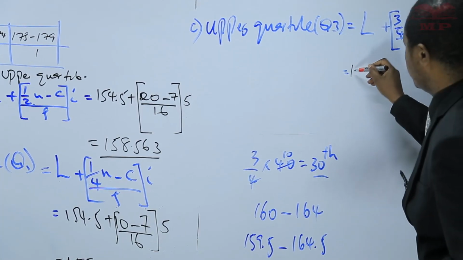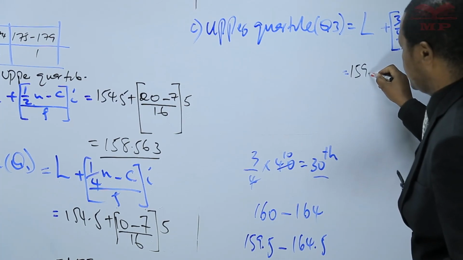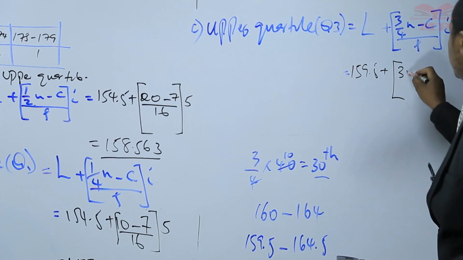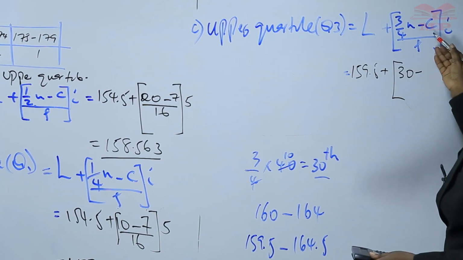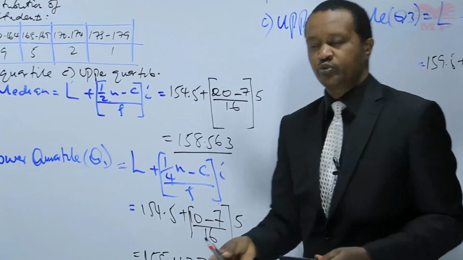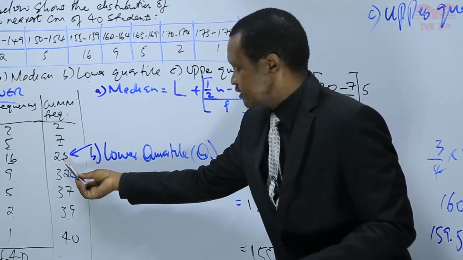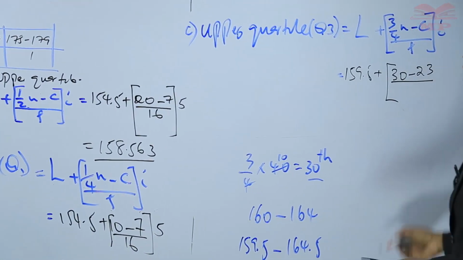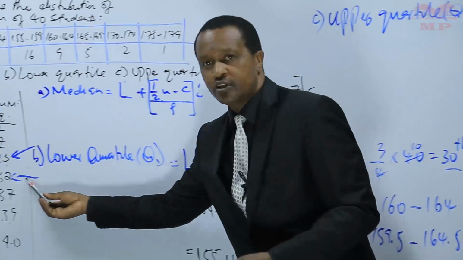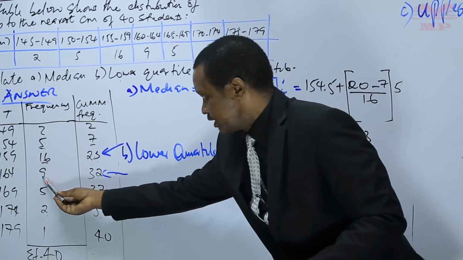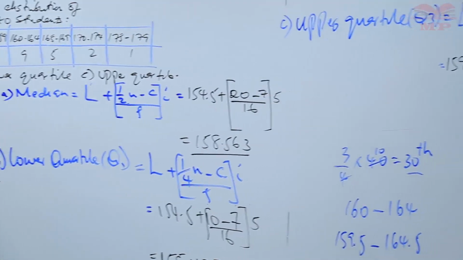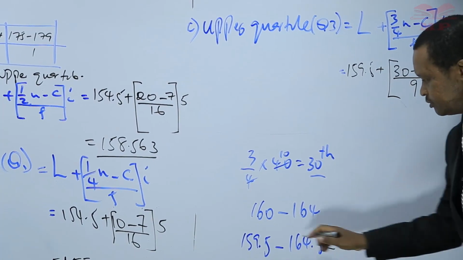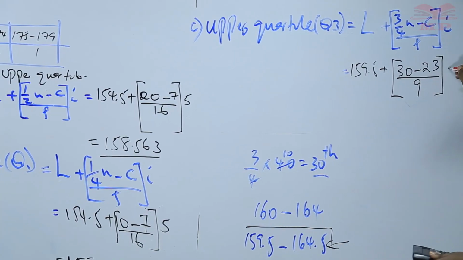We have 159.5 plus 3 over 4 n, which is 30, minus the cumulative frequency above the third quartile class, which is 23, divided by the frequency of the third quartile class, which is 9. Then times the interval, which is the difference between these two, equal to 5.